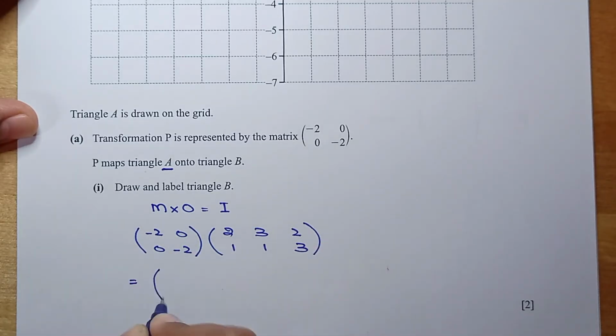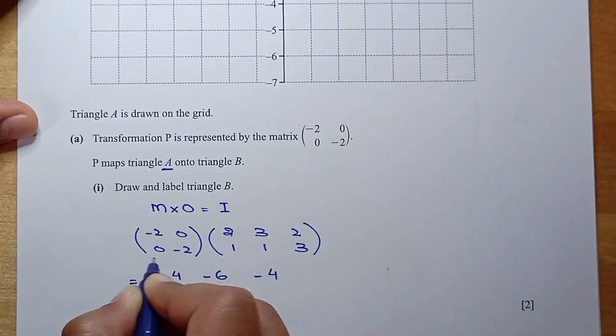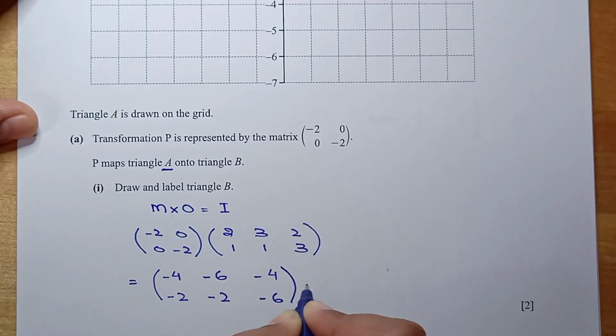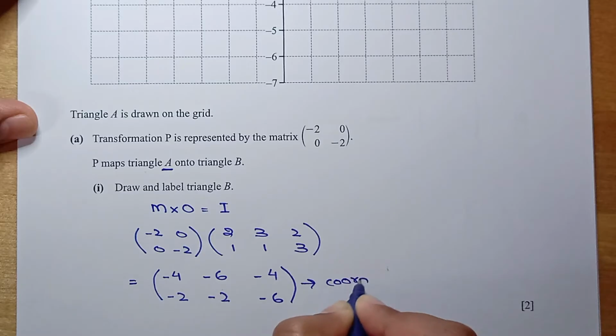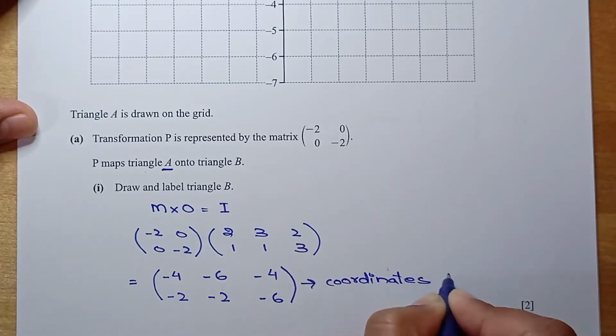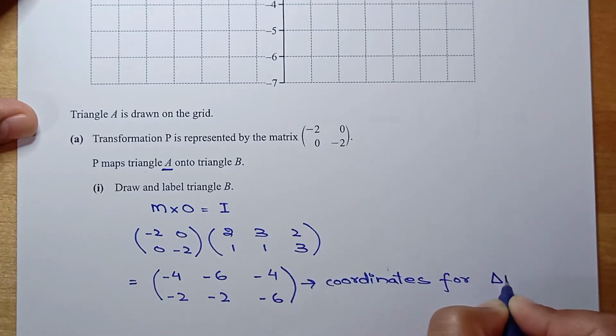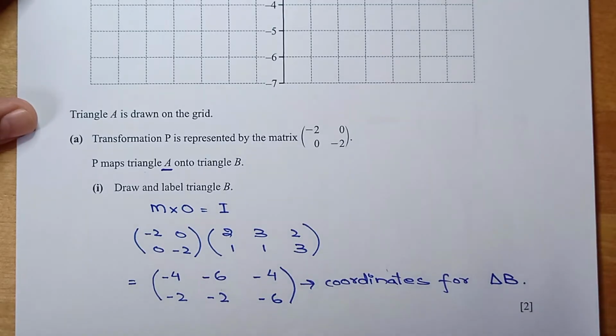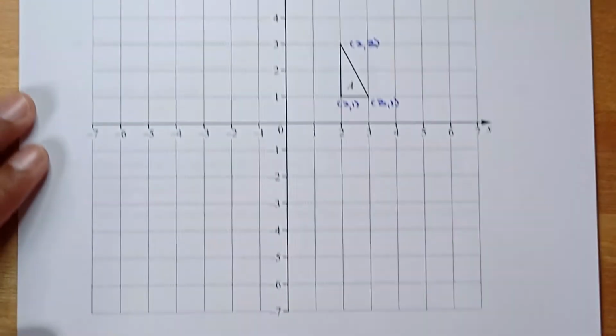-2 times 2 is -4, -6 and -4. And we have -2, -2 and -6. So these are the coordinates for triangle B. Right, so let me draw and then label this triangle B by using -4, -2, -6, -2 and -4, -6. -4, -2.